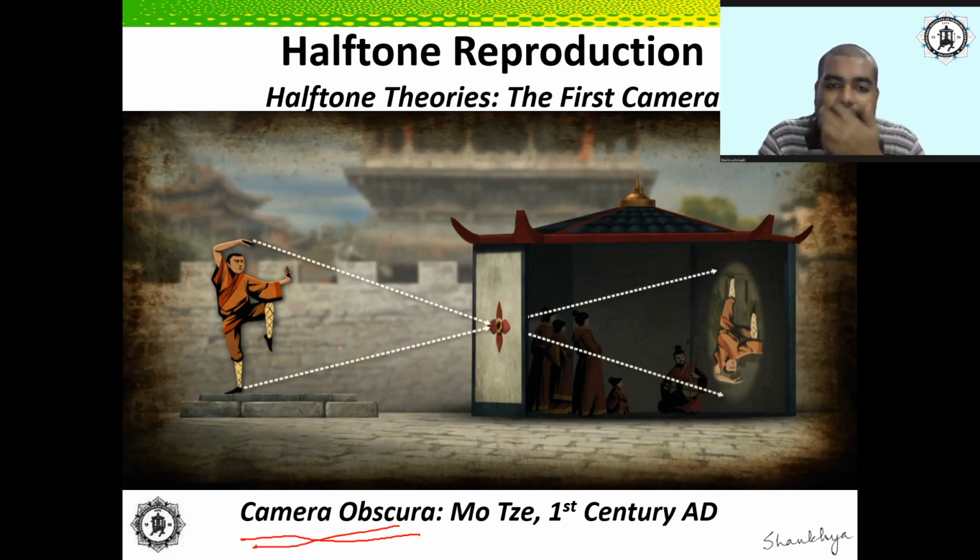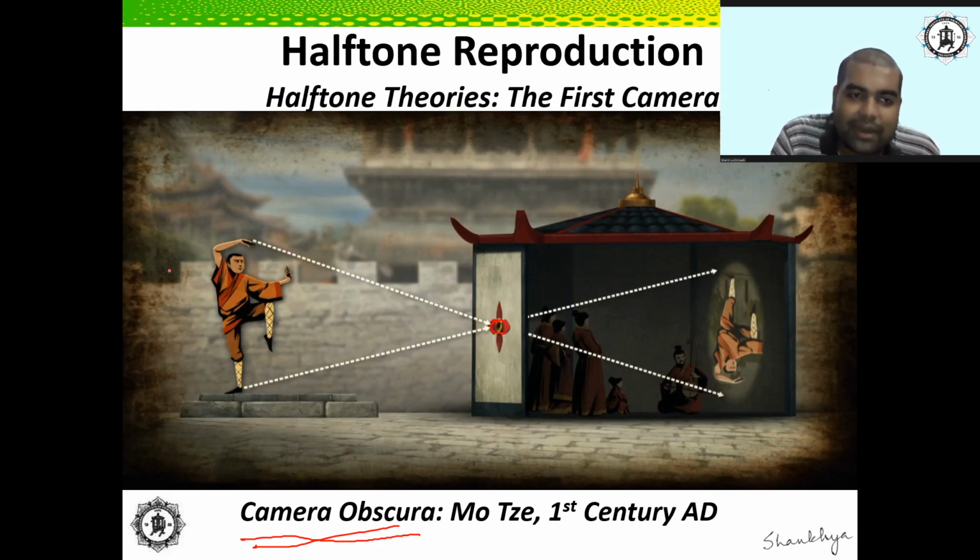What he did was, he created a room and made a very, very small orifice at one end of the room, and covered the entire room completely, so that no light could enter apart from through this orifice. He put some people inside the room, and they did some poses, and the people inside the room actually saw an inverted image of the person.